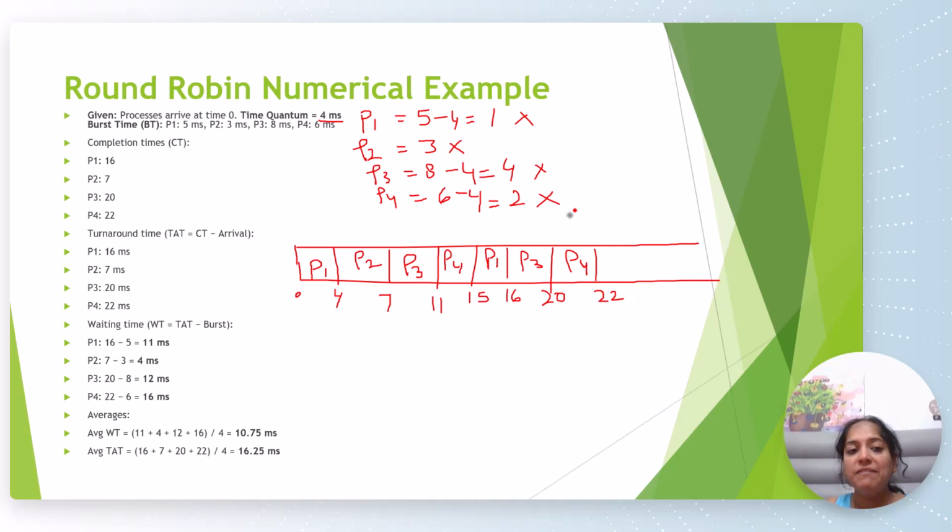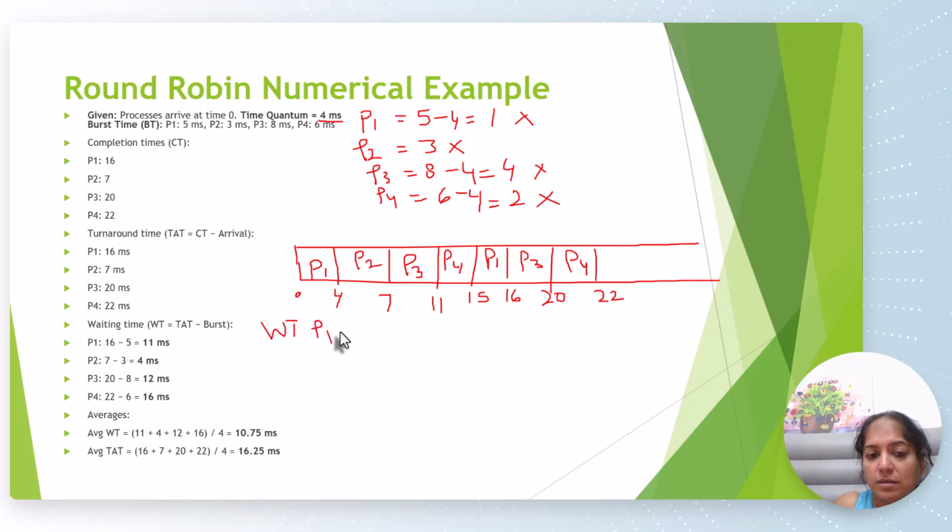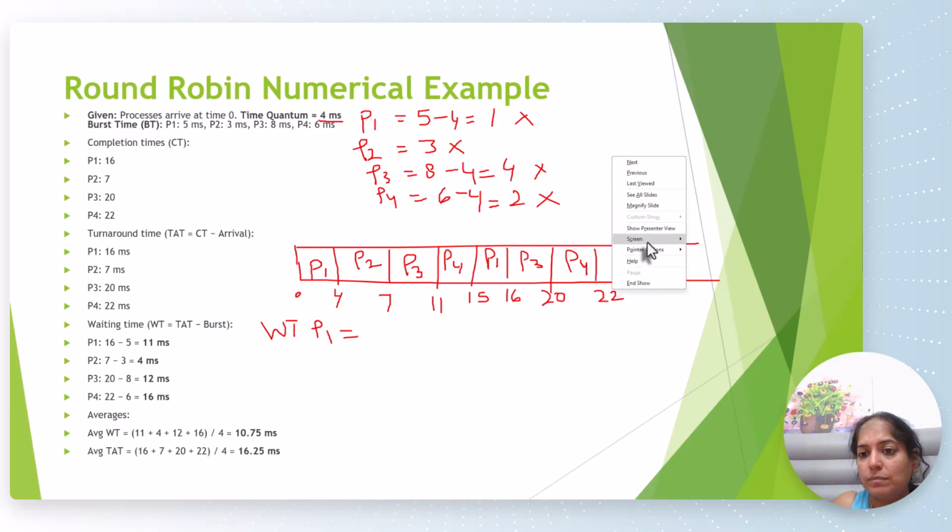Now, if you calculate the waiting time of each process, let's talk about the waiting time of process P1. Process P1 is executing 2 times, here and here.